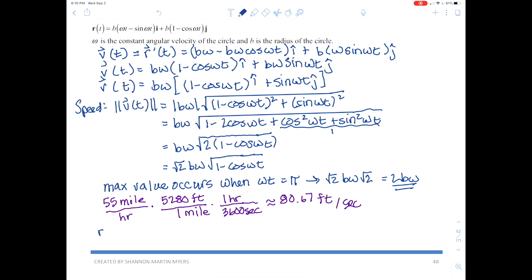Remember that r was equal to 1. We were given that r was 1 in the problem, and velocity is equal to r times omega.